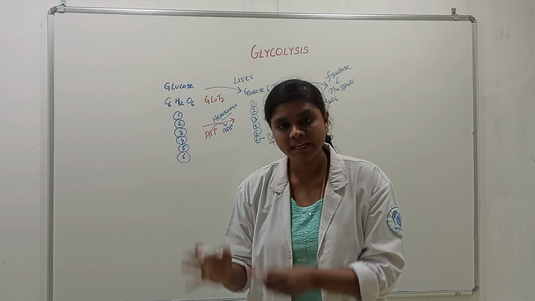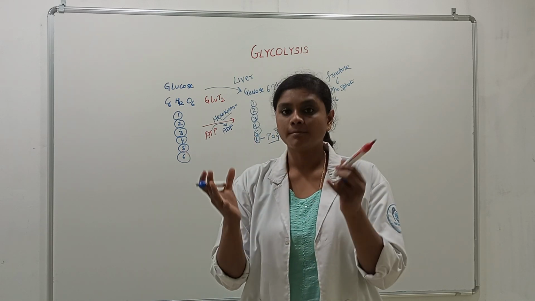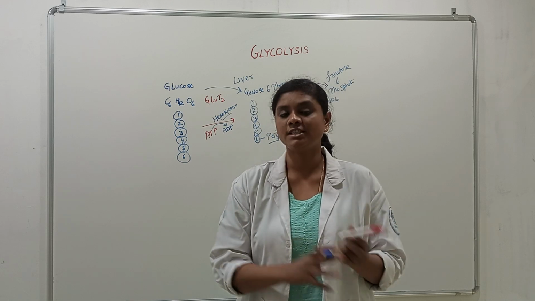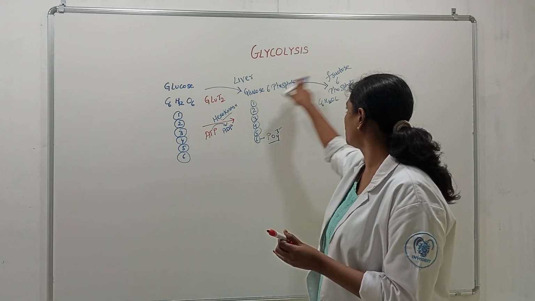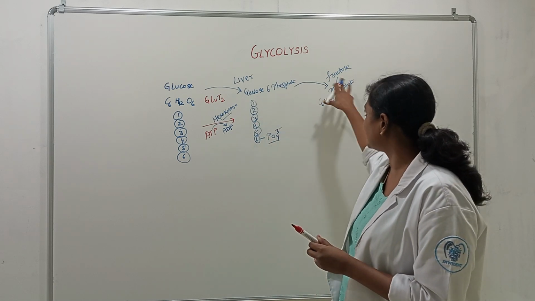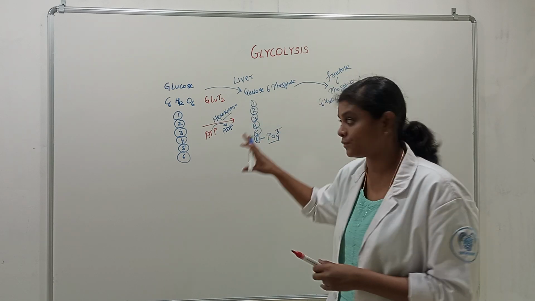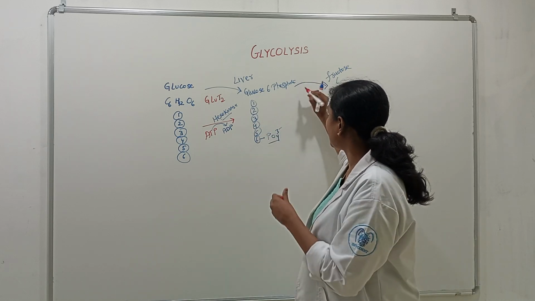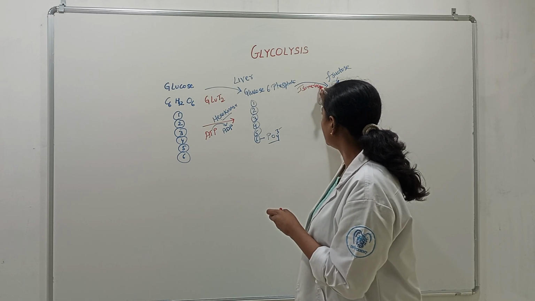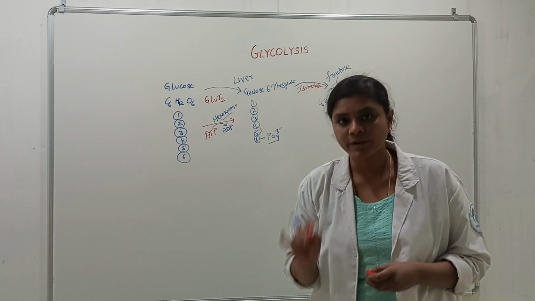So with the same molecular composition, alteration in the structural organization gives the difference between glucose and fructose. So here, glucose 6-phosphate is getting converted into fructose 6-phosphate in the presence of an enzyme called isomerase.